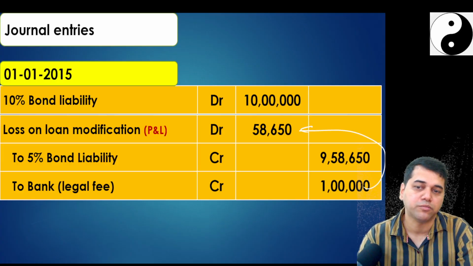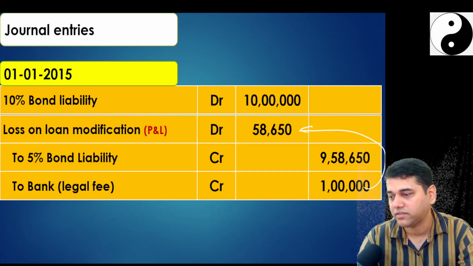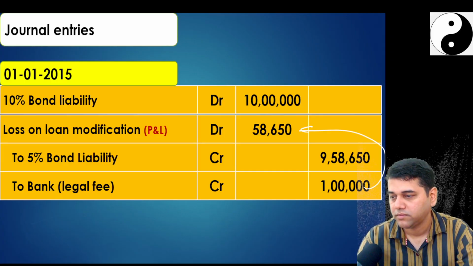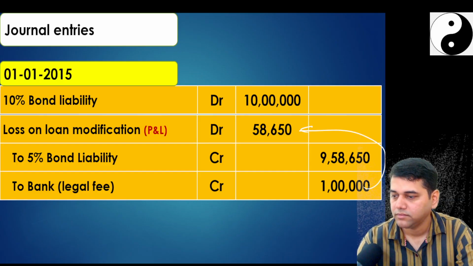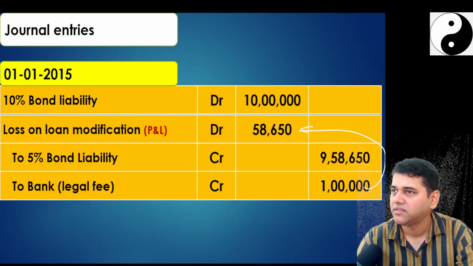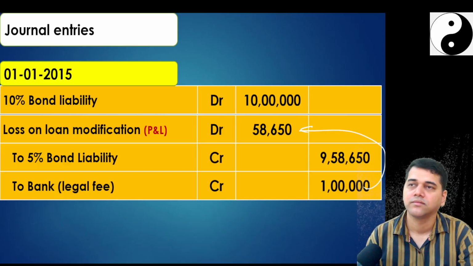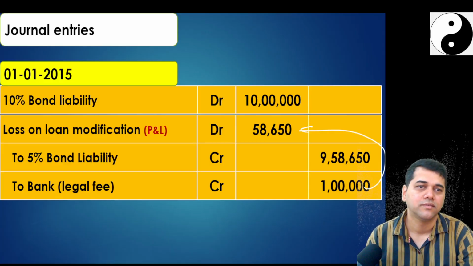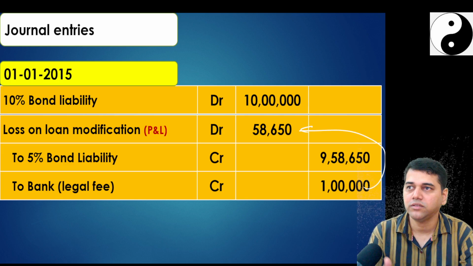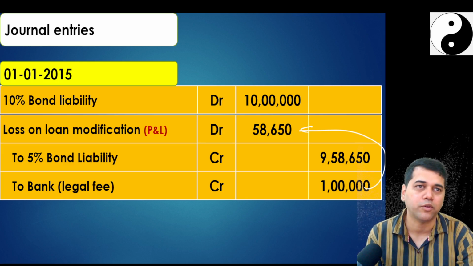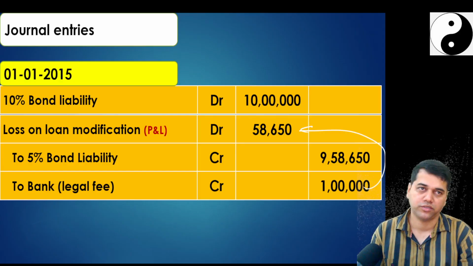To 5% bond liability, to bank fees. Easy, no? But a lengthy question, though this is a small example, okay? They may ask you any questions.